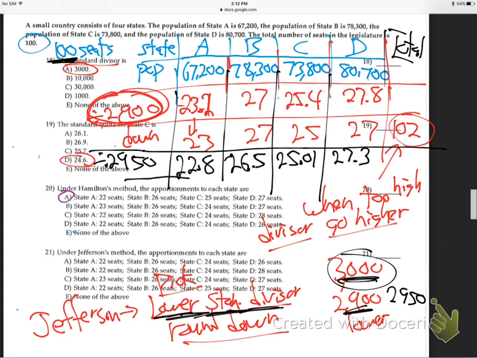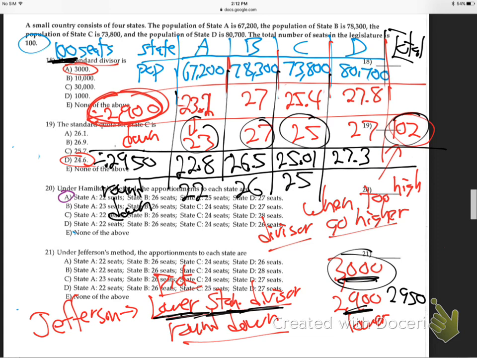See, if I lower all these numbers, right there I lost 1. 22 is lower than 23 by 1. Round it down, right? And here, 26.5 rounds down, that's lower than 27. I lost 1. Remember, I needed to lose 2, didn't I? There's the 2. The next one, 25.01, rounds down to 25, same as the last time. Beautiful. I don't want to lose any more. 27.3 rounds down to 27, same as the last time.